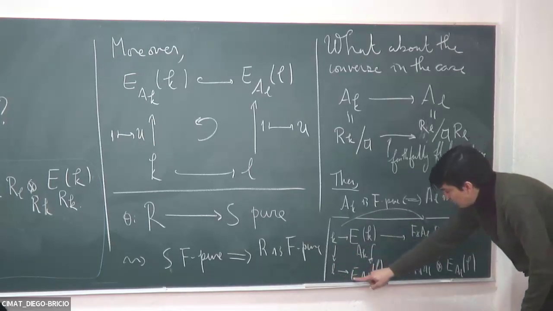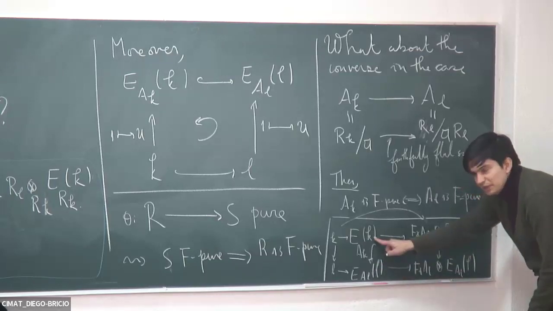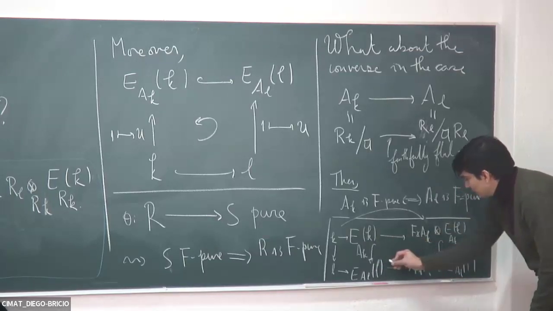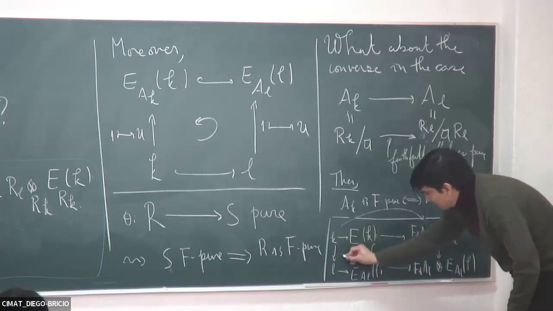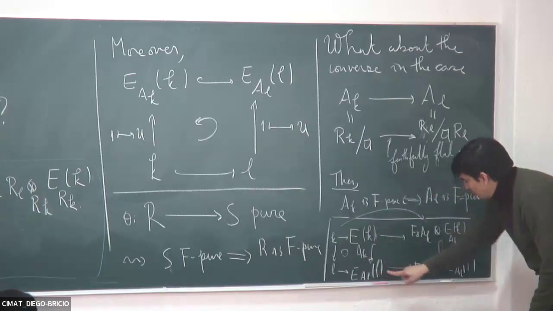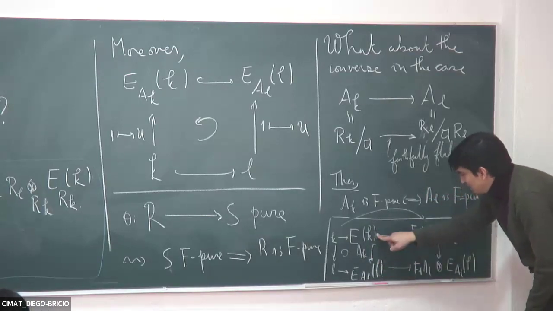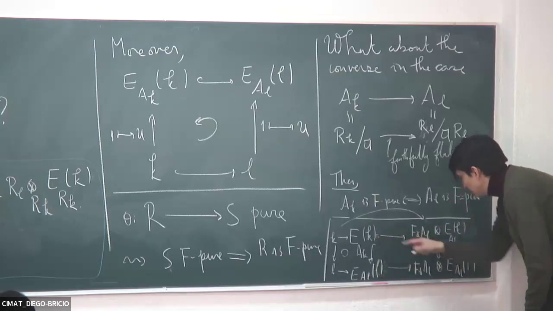So if you want to know that the socle element here is not killed by this, you can look at whether it's killed when you go this way. Because the socle element of this one is the image of this socle element. That's what this diagram is supposed to tell you. So you want to know if the socle element vanishes here, but it is the image of the socle element here, and so the image here is going to be the image going this way.